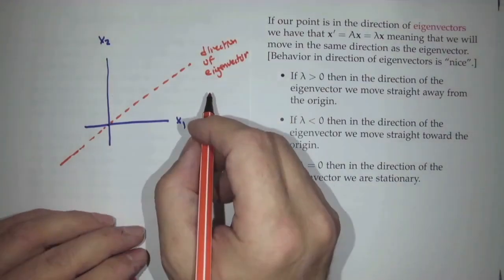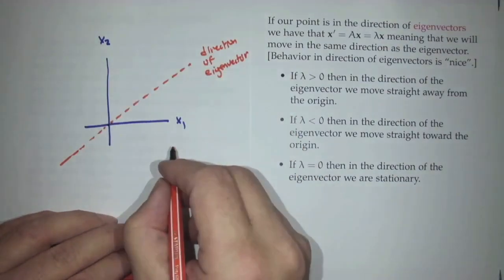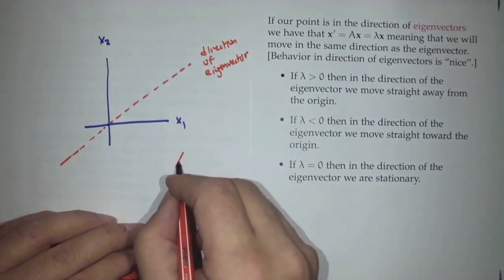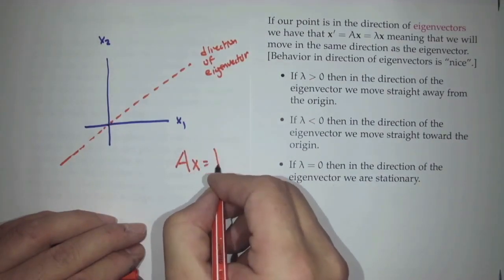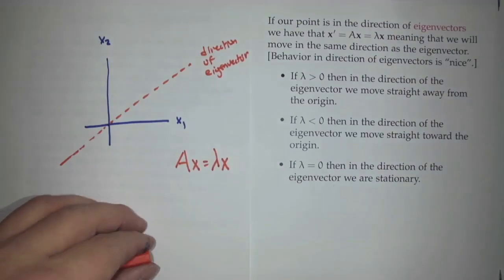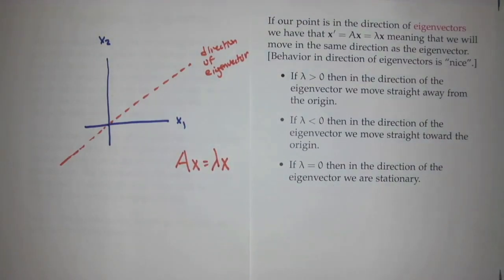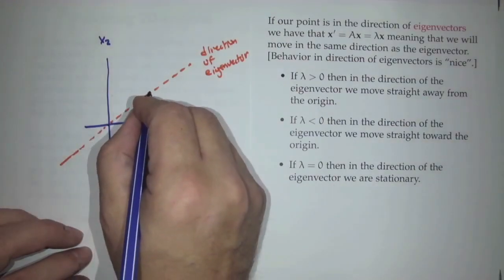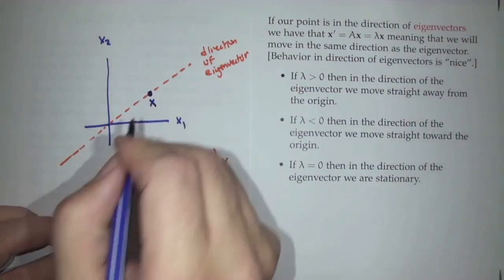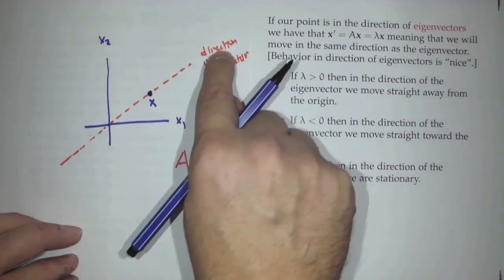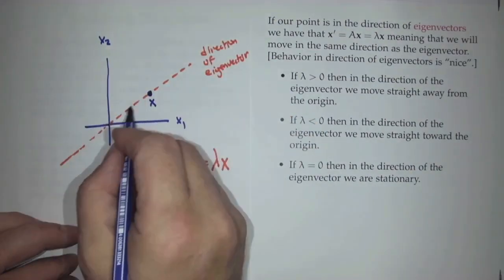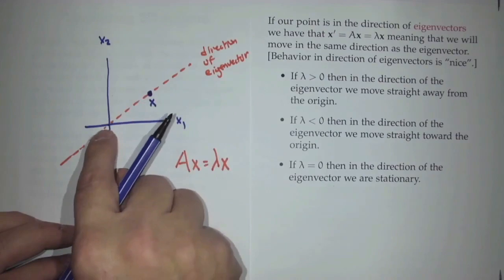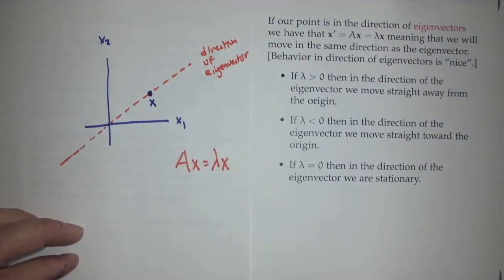Well, if we're in the direction of an eigenvector, remember, for eigenvectors, we have that Ax equals lambda x. So, I have a point here. We'll call it x. Because it's in the direction of an eigenvector, this vector, if I think of it instead of a point, but I think of it as going from the origin to there, that is an eigenvector.